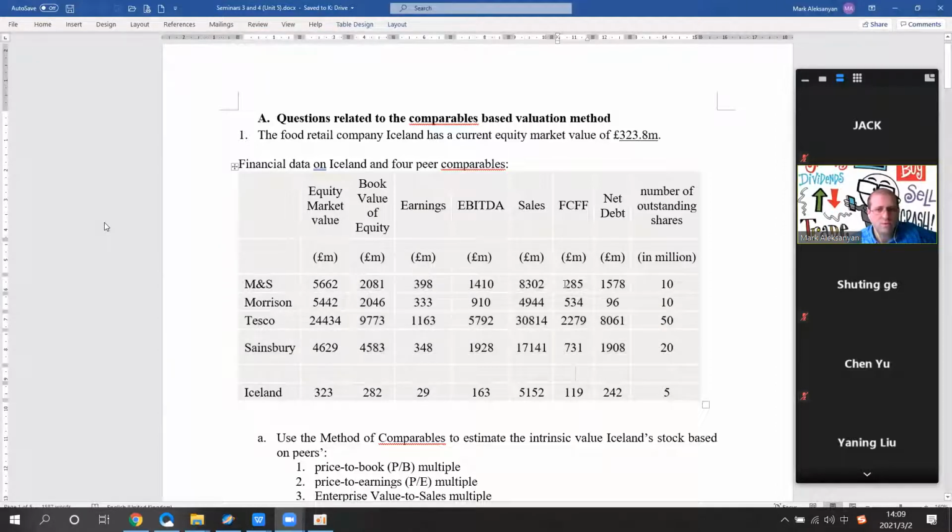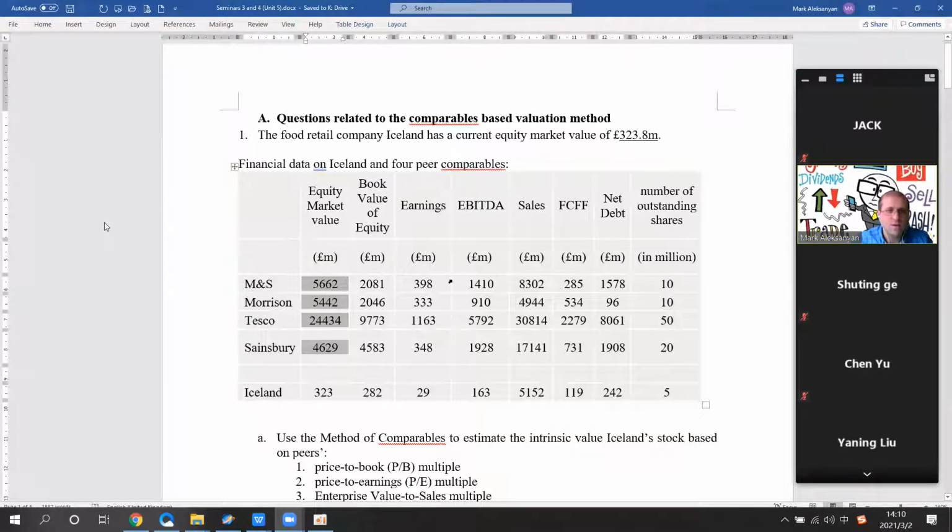I mean, free cash flow is obviously just worked out. Equity market value is this company's market capitalization as of the date when this information was collected. Okay, this is not a very fresh set of accounts or information, so this is quite old. So I can't remember which year it was when I created this example, but at the time these were real figures, real numbers from real financial statements.